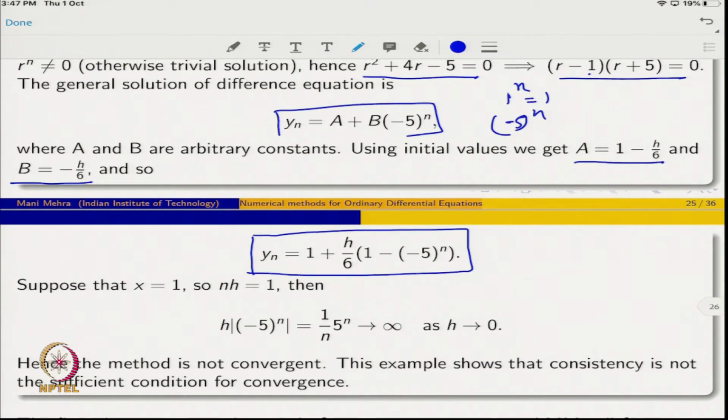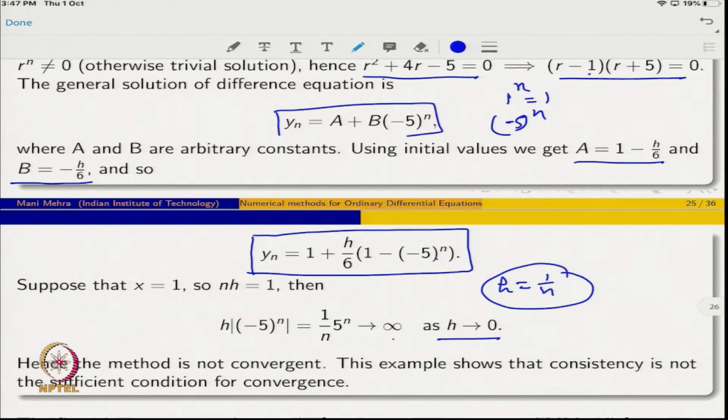Now if I substitute x equal to 1, so basically nh is equal to 1, then h becomes 1 by n. So this will tend to infinity as h tends to 0.